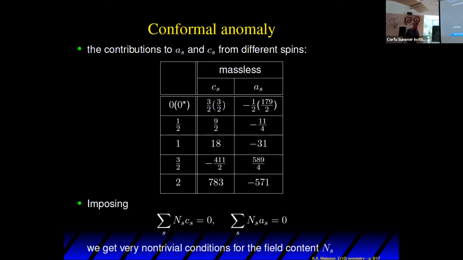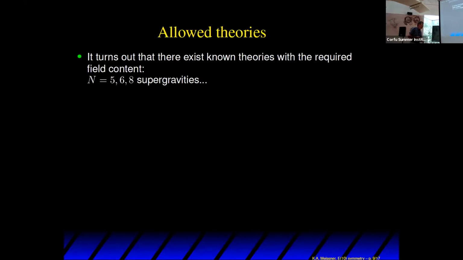But actually, to our great surprise, it turned out that the field content of supergravities, not 1, 2, 3, 4, they do not satisfy these conditions, but 5, 6, 7, and 8. 7 and 8 is the same supergravity. So let's say 5, 6, and 8, with these very small numbers, satisfy these conditions. That was very, very surprising.